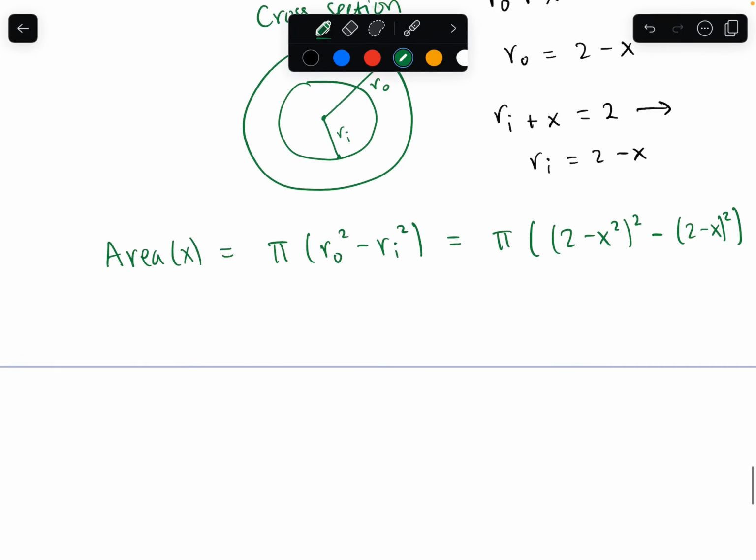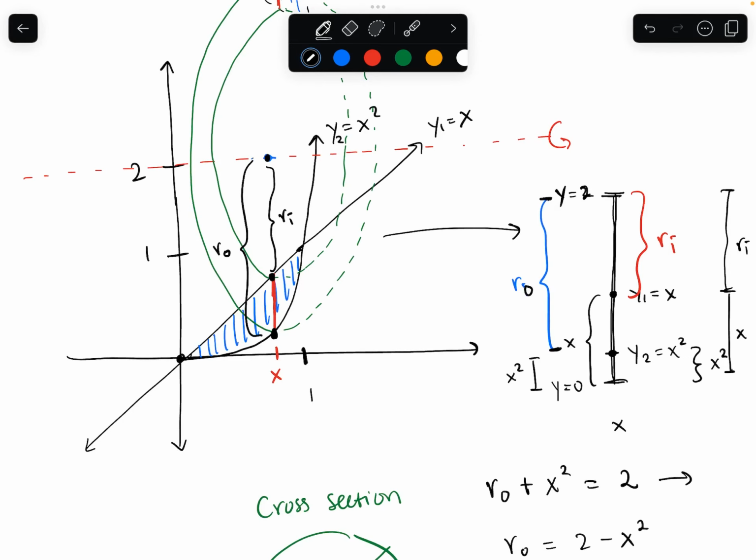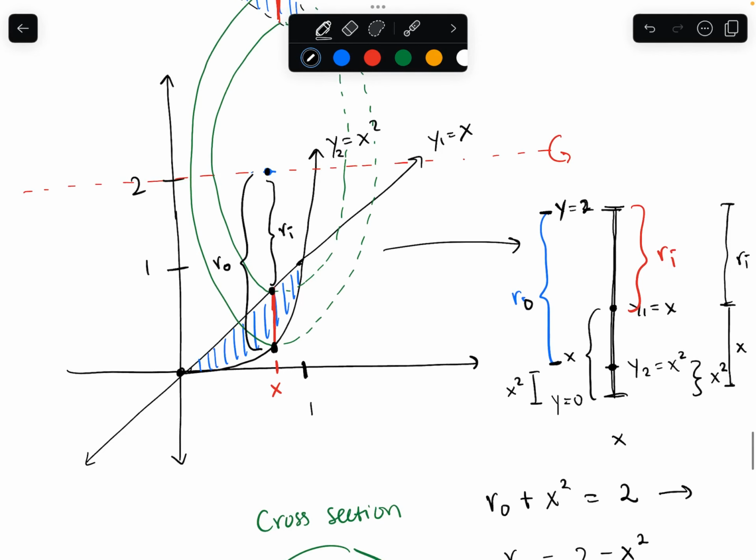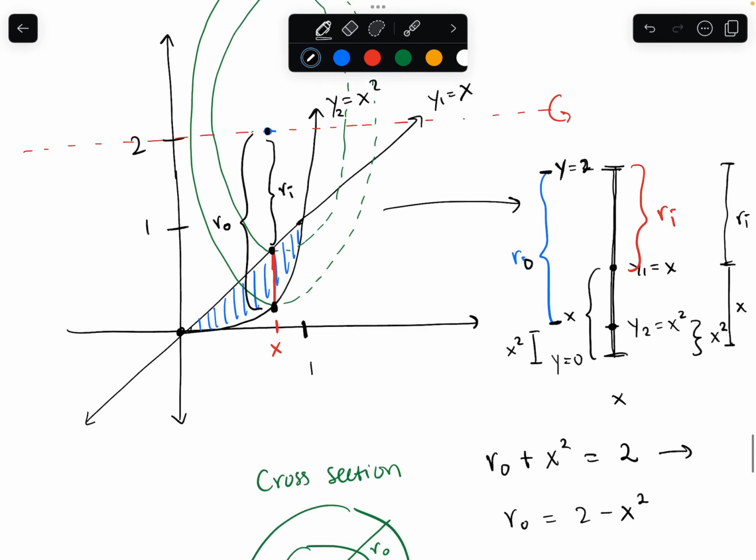So now that I have the cross-sectional area at the point x, to finish it all off, we still integrate. Let's go back up to the picture. x here goes from 0 to 1, because when we sweep that out, that gives us the entire volume, since we're just adding up all the cross-sectional volumes. So x goes from 0 to 1.